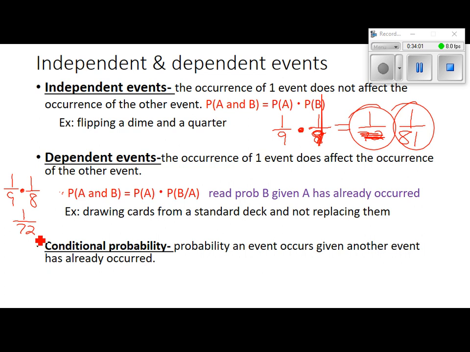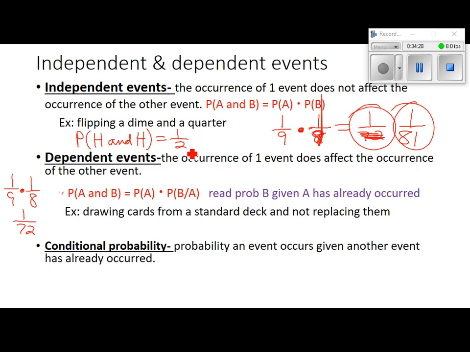If I'm flipping a dime and a quarter, does me flipping the dime affect me flipping the quarter? No. So, if I'm flipping a dime, what's the chances that I get a head on my dime? 1 out of 2.